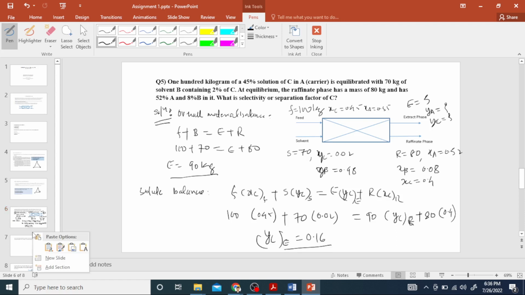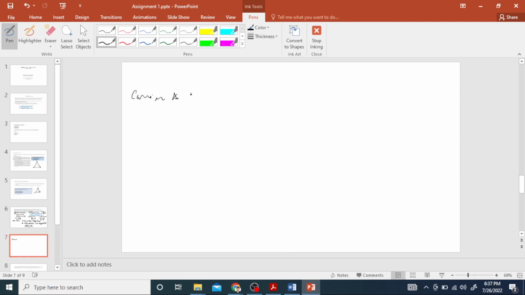Now the component balance, the carrier A balance.